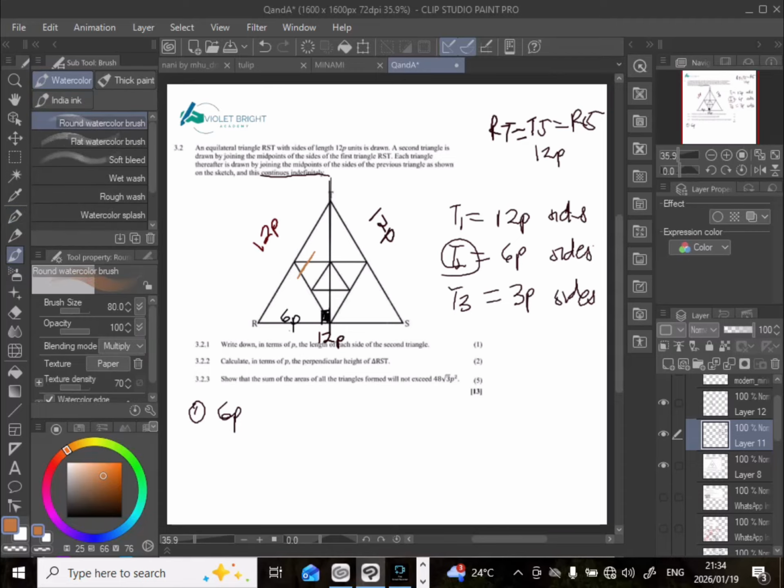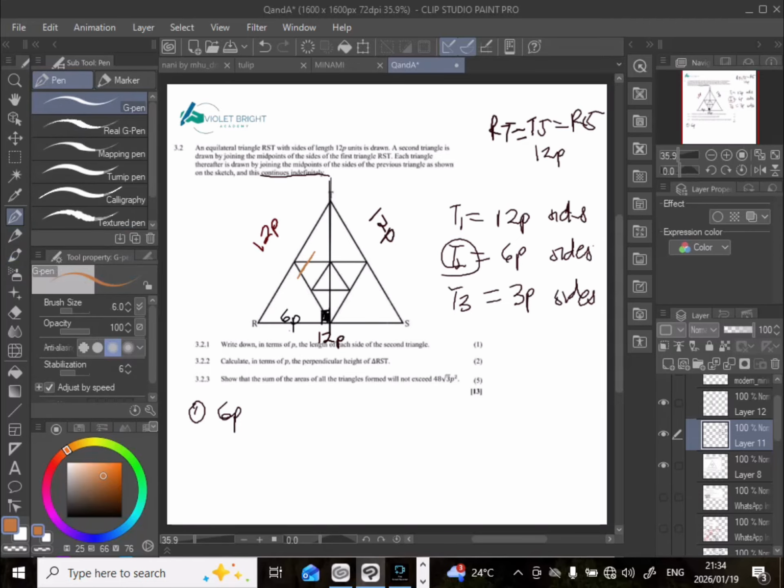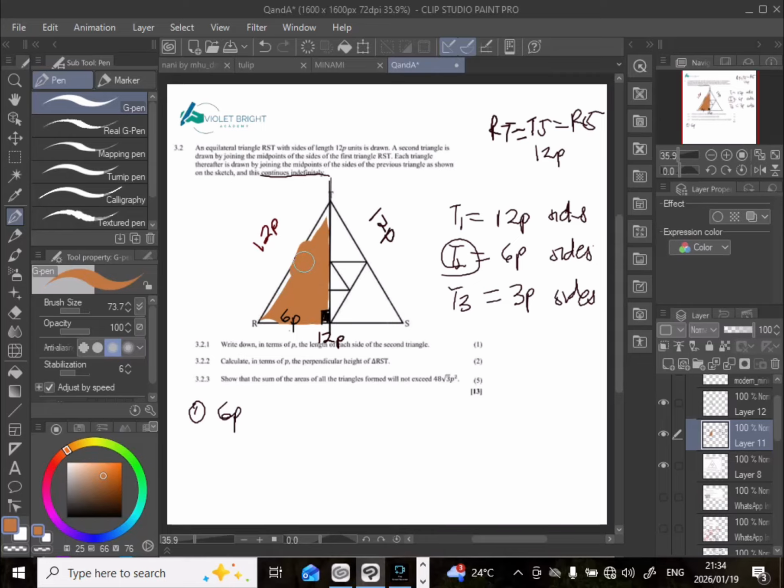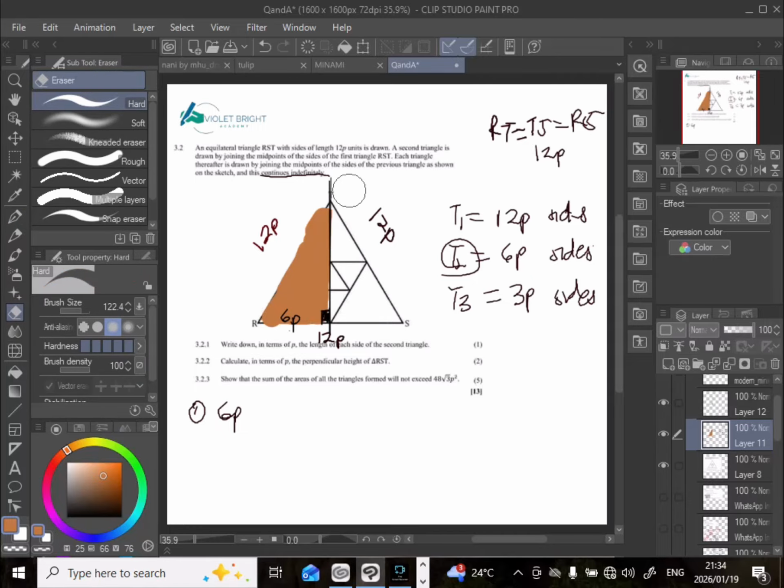Let me just increase the brush size. Let me just erase those parts.